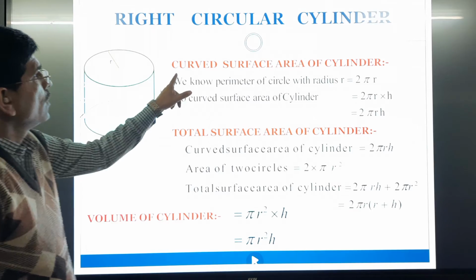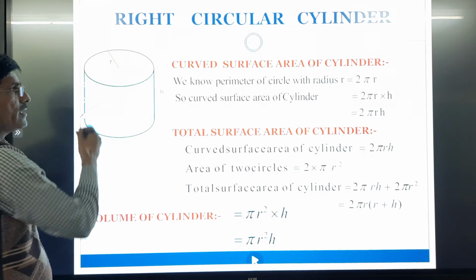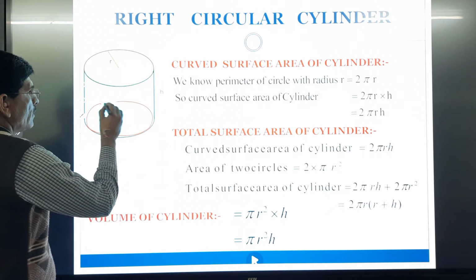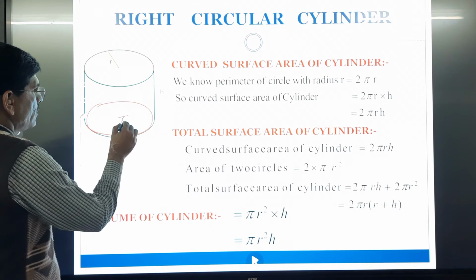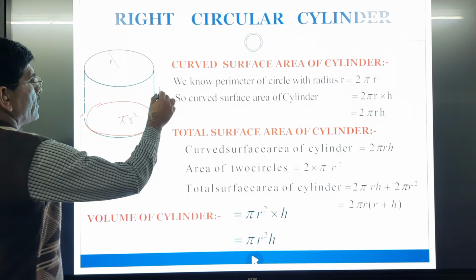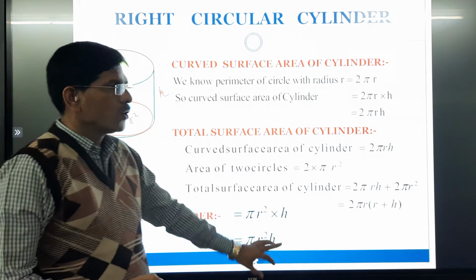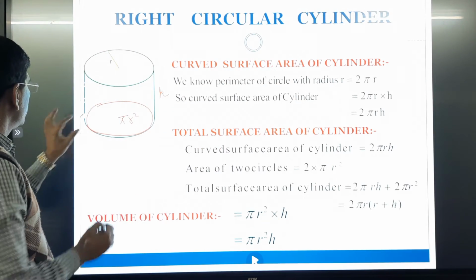Now the curved surface area of a cylinder. If you see the cylinder, here it is a circle. The area of the circle is pi r square and the height is h. If I multiply that, we get the volume. What is the meaning of curved surface area?